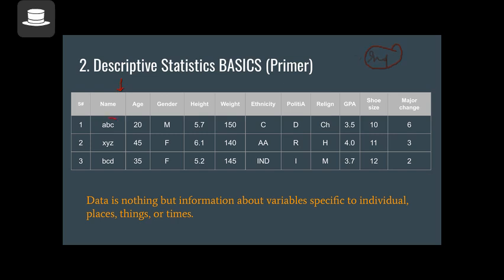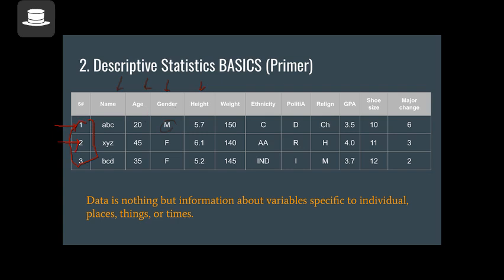Well, information related to the name. What kind of information does age, this variable, carry? Information about the age. What about this variable gender? Well, information about the gender, and so on and so forth. So each variable carries a specific kind of information about whatever the data points are. Usually the rows represent information specific to an observation, like a person, a place, or thing.